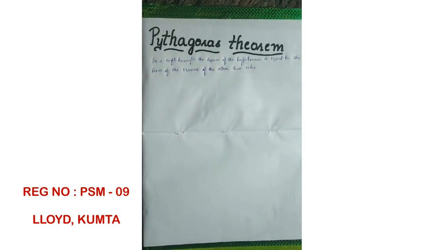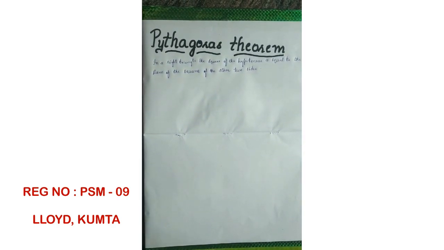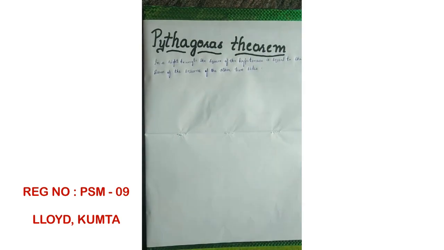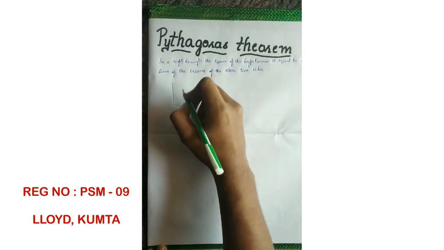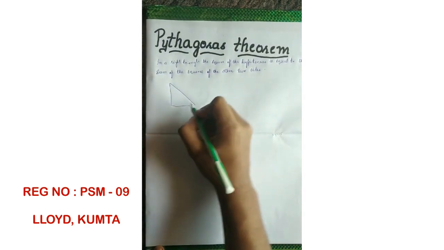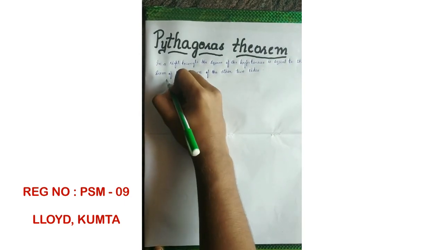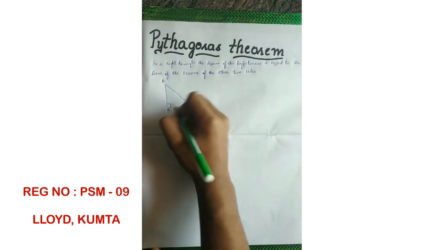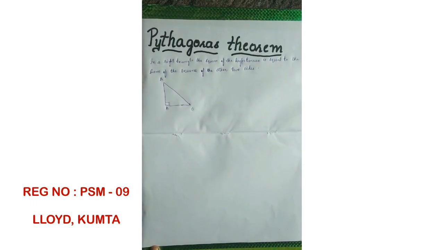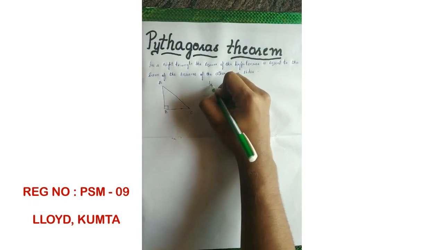Now, as per the definition, there is a right angle triangle. I'll take the sides as A, B and C, which is right angled at B. As I already told the given things, let us write it down.